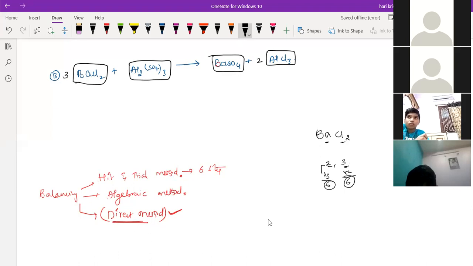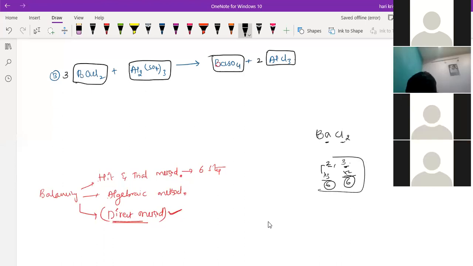Now I have a doubt. Sir, you are taking Cl2, then SO4 or Cl3. Then barium will be 3, right? Yeah, again we'll balance that one.